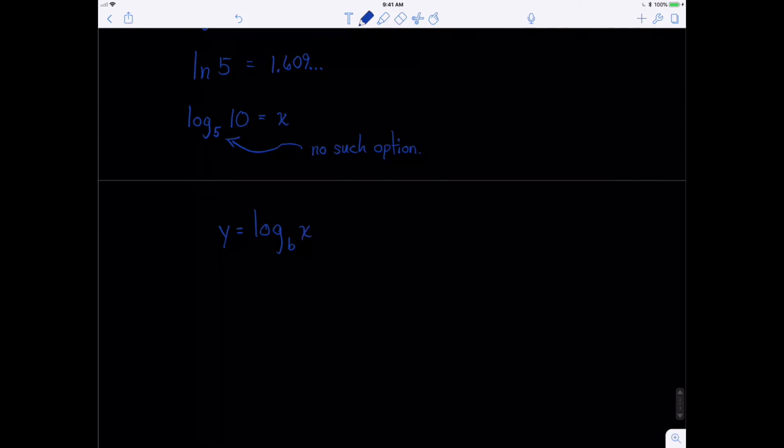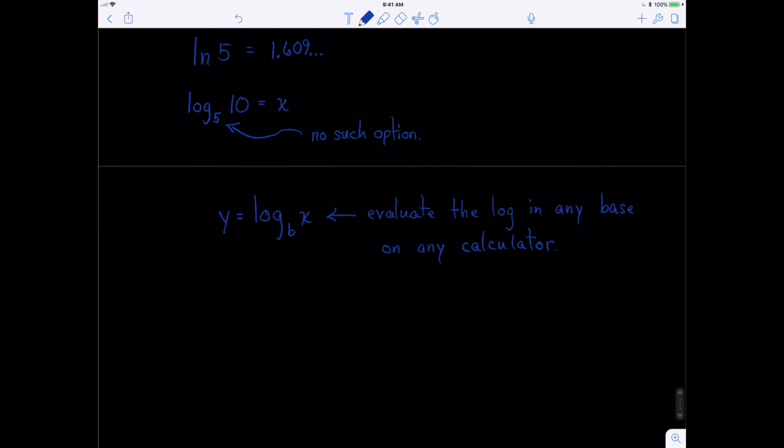And what we want to be able to do is evaluate the log in any base on any calculator, or any calculator that has logs. So how do we do this?